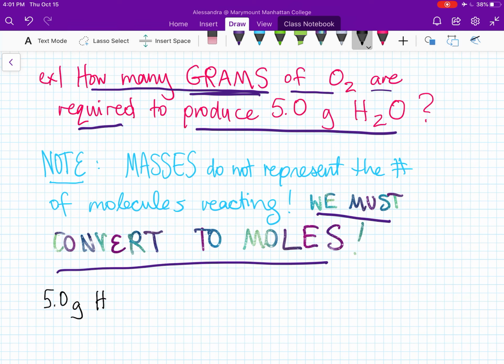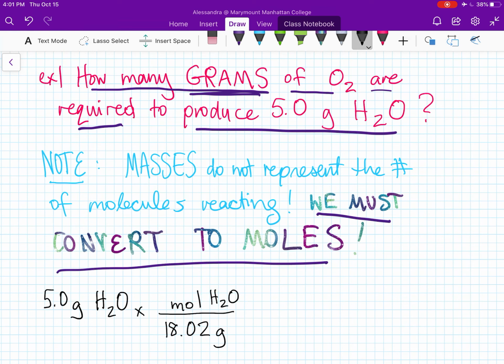So I want to produce 5 grams of H2O, so I need to convert that to moles of water. I need to use the molecular weight of water, which I can calculate from the periodic table. It's 18.02 grams.